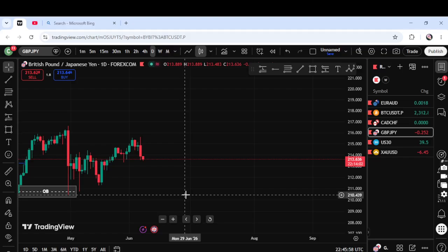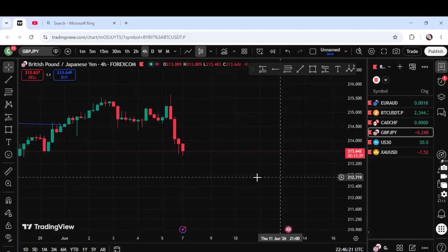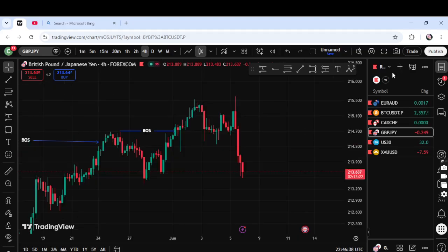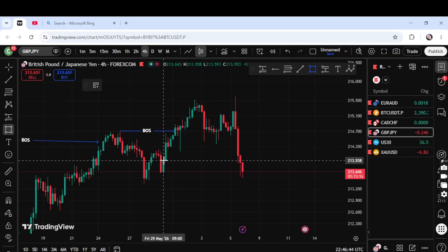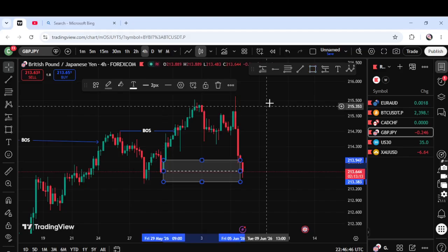Move to false. There's another block here. Other block here. Also another block here.